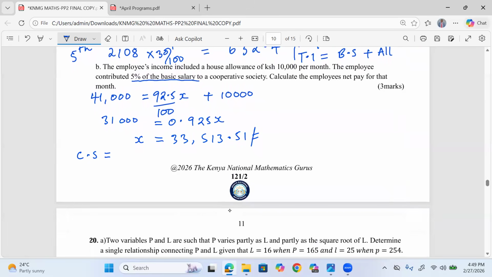So this is a deduction of 5% of 33,513.51, giving us 1,675.68. That is one deduction.